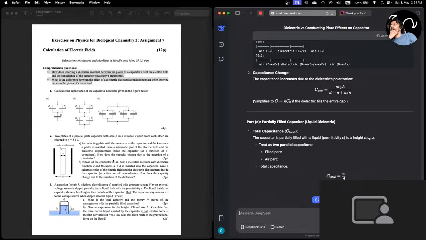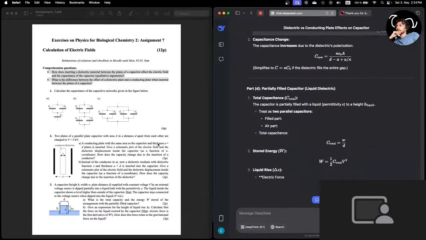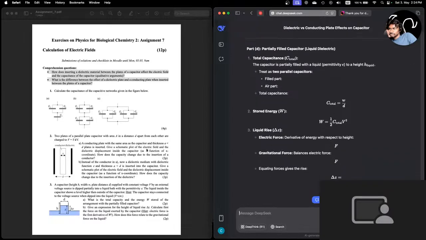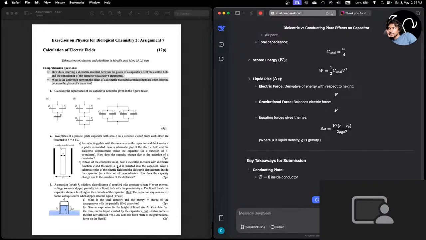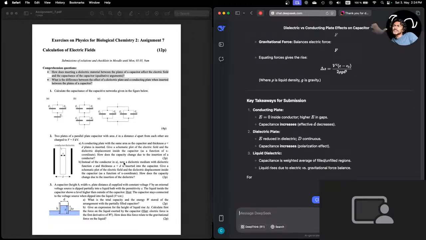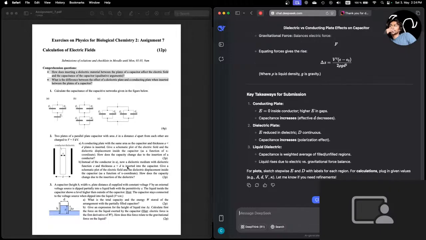How does the capacity change due to the insertion of a conductor? Now a dielectric medium with dielectric function epsilon and thickness a is inserted into the capacitor. Give a schematic plot of the electric field and electric displacement inside the capacitor as a function of x coordinate. How does the capacity change due to the insertion of the dielectric?